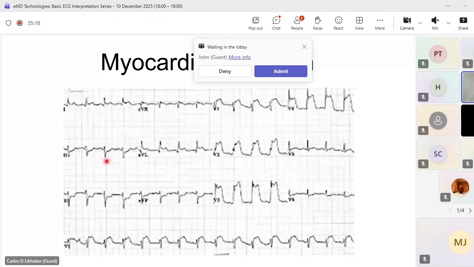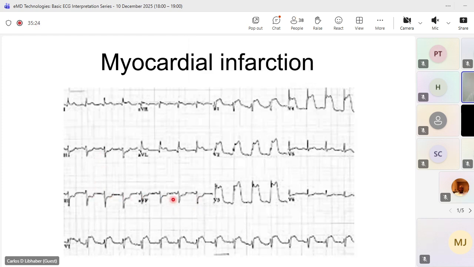On the other side, I see ST depression. This is what we call the inferior leads. So now we'll start not only speaking about myocardial infarction, but trying to localize where the myocardial infarction is, in which wall.